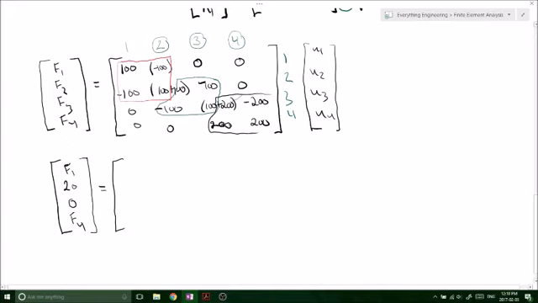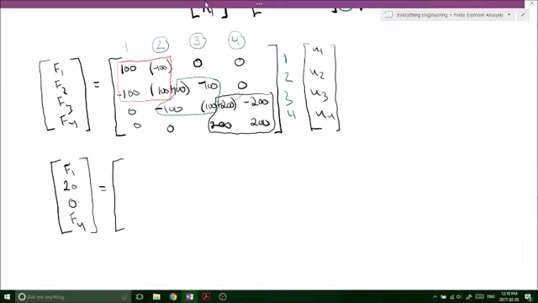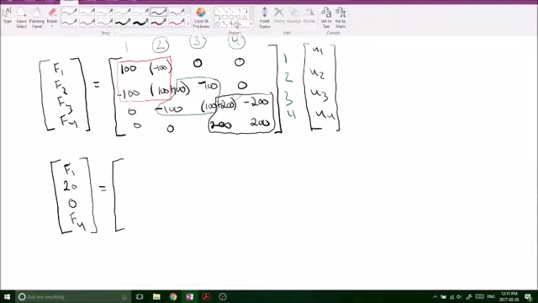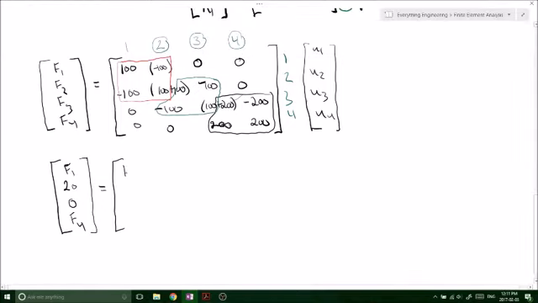So if you remember, K3 was 200, K2 was 100, and K1 was 100. So that's basically how you want to orient these matrices in a diagonal formation. And as I said before, when we're summing up our matrix, the overlapping rows and columns, you simply add them together. So this is how we get the stiffness matrix in our calculations.